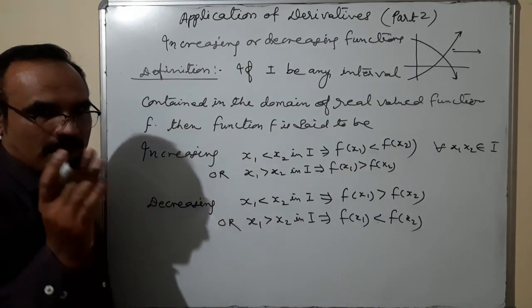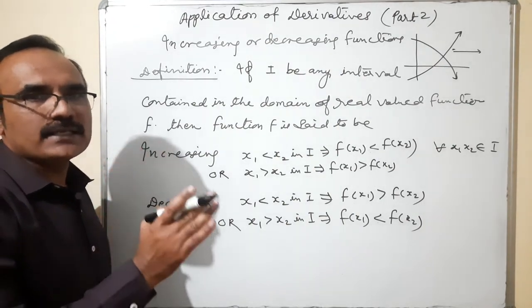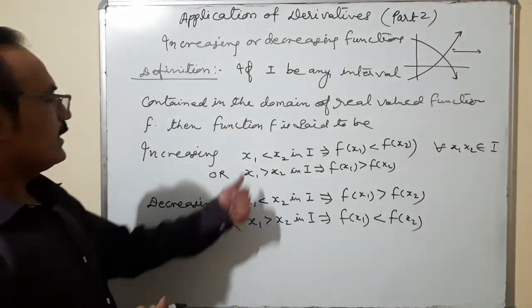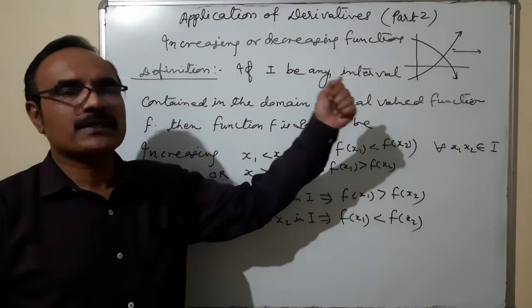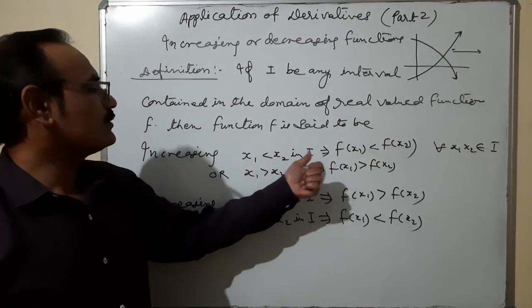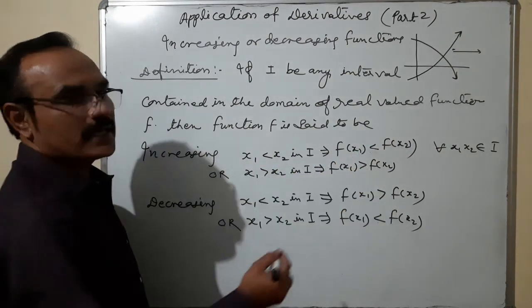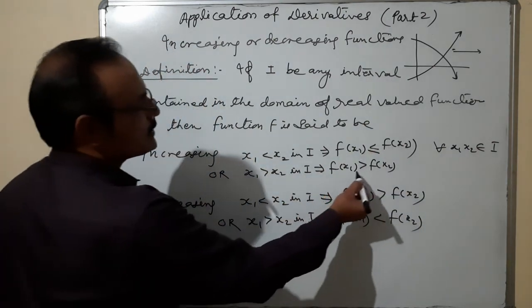Okay, so have you understood the difference between increasing and strictly increasing? If x1 is less than x2 and f of x1 is strictly less than f of x2, it is strictly increasing. If x1 less than x2 in I and f of x1 is less or equal to f of x2, it is increasing.